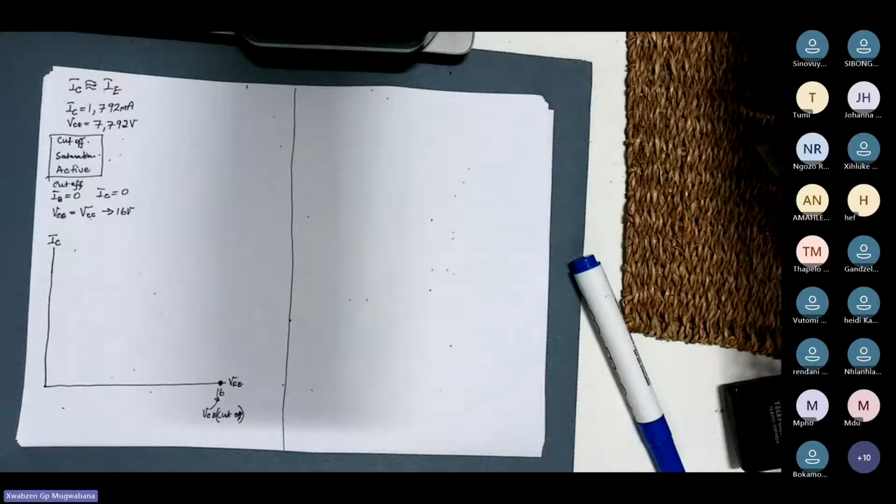Good. Now, once we're done with cutoff, we go and check the saturation point. How do we change the saturation point?